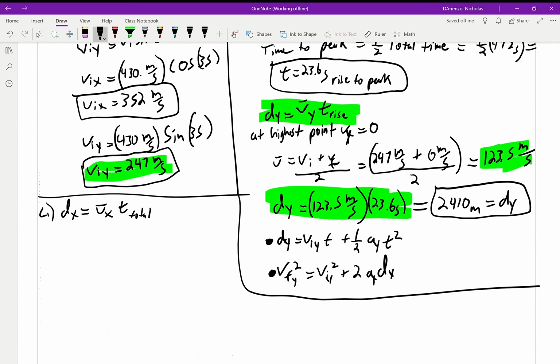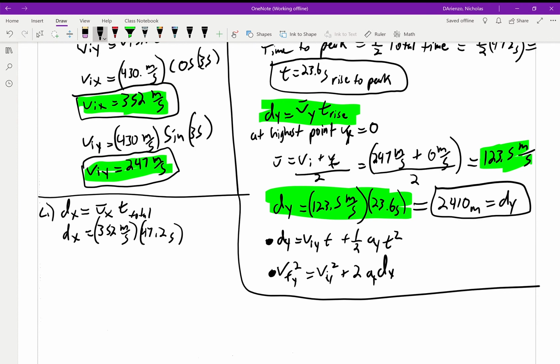Now we know the average velocity in the x. We solved for that in part A. So this comes out to 352 meters per second. And we know that the time total from beginning to end, which was given to us, is 47.2 seconds.